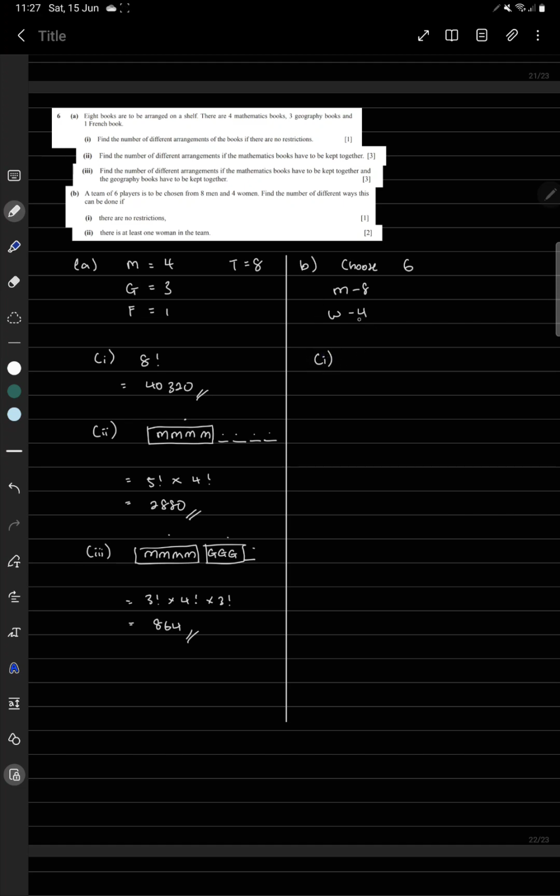We have a total of 12 people here, and since there's no restriction, we don't care whether there are all men, all women, or how many men or women are in the team. So out of 12, we're going to pick 6, and that is going to give us 924.